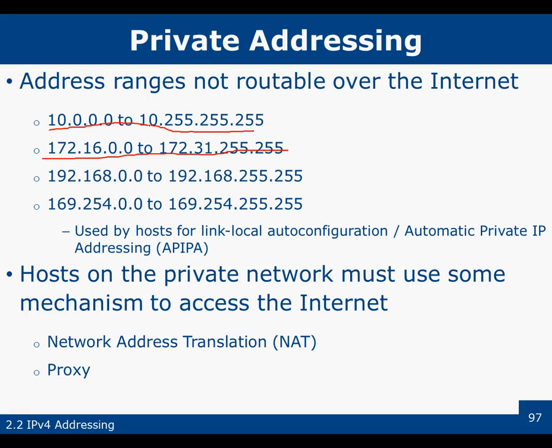And then we have the 172 range of class B, 172.16 to 31. And when we do that, we only have 16 addresses in there, which means that when we go with the subnet mask, we're making modifications here in the second octet.